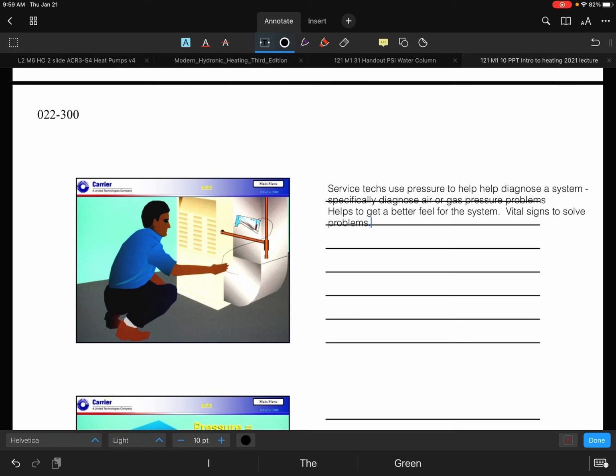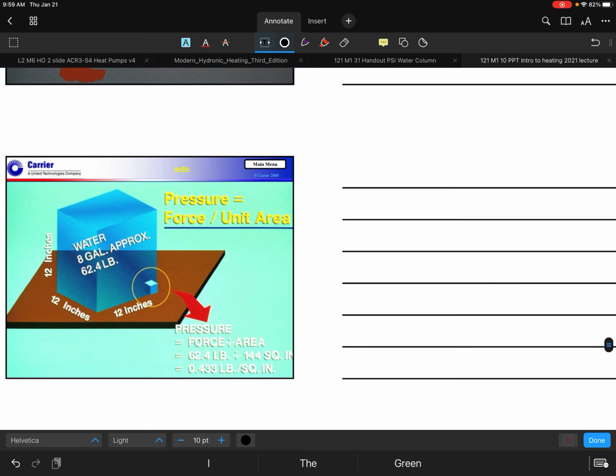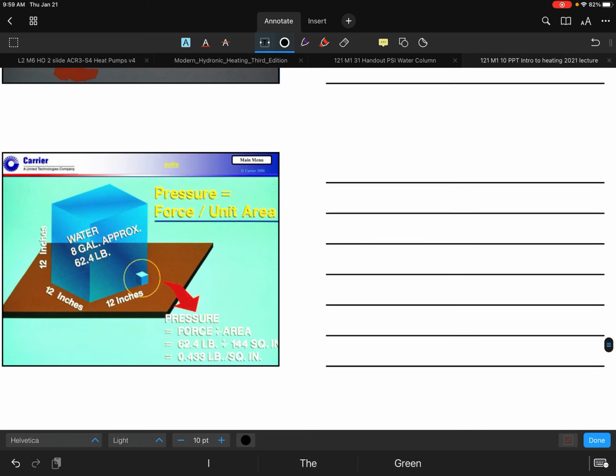So let's expand a little bit more on that. On the next slide, I'm going to delve into this with a particular handout that we have, and I also have another little PowerPoint that I'm going to go through.